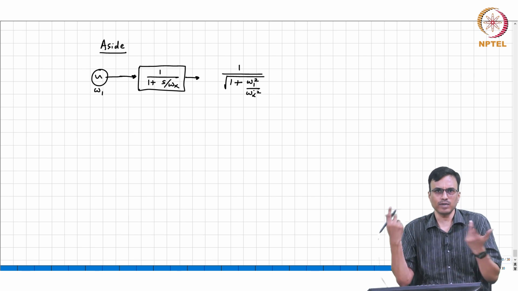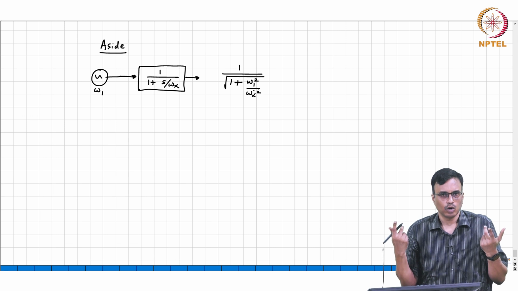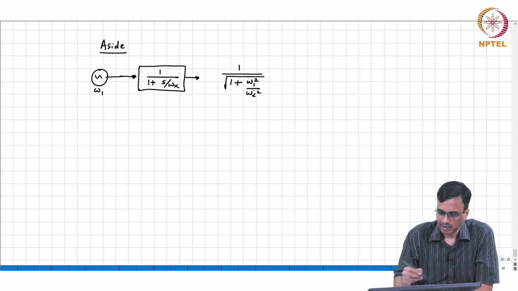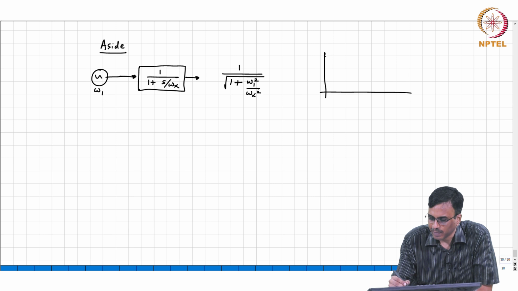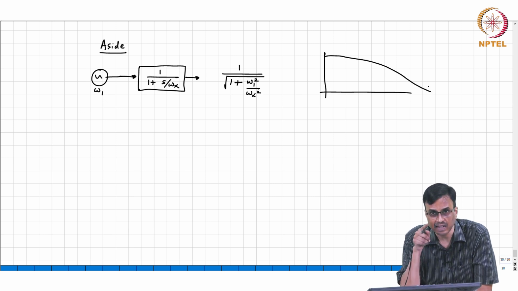I will measure the magnitude, and from this I will be able to calculate omega 1 by omega x. Now, omega 1 by omega x is a small number, which means the magnitude response is looking like this. At DC, what is the slope of that magnitude response? It is actually 0.